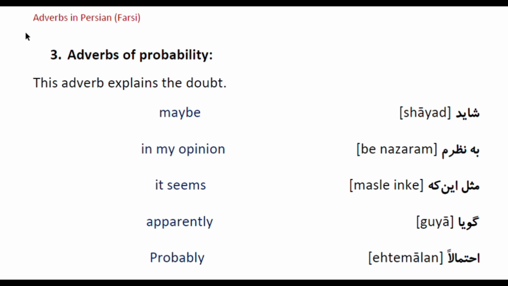Adverbs of probability. This adverb explains the doubt. شاید. به نظرم. مثل این که. گویا. احتمالاً.